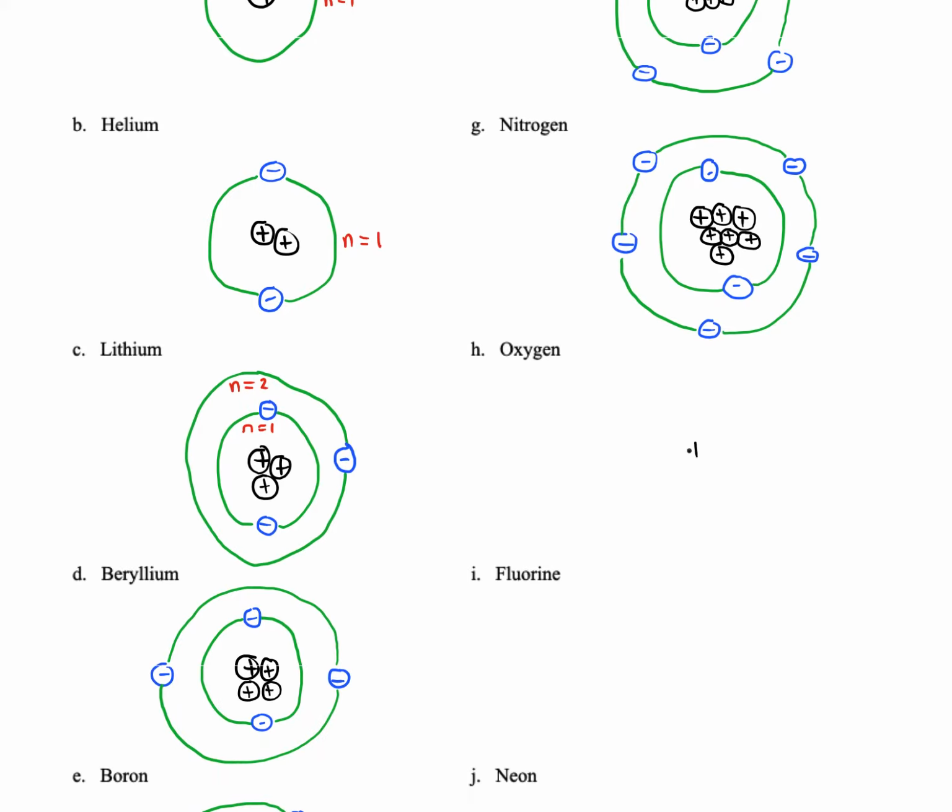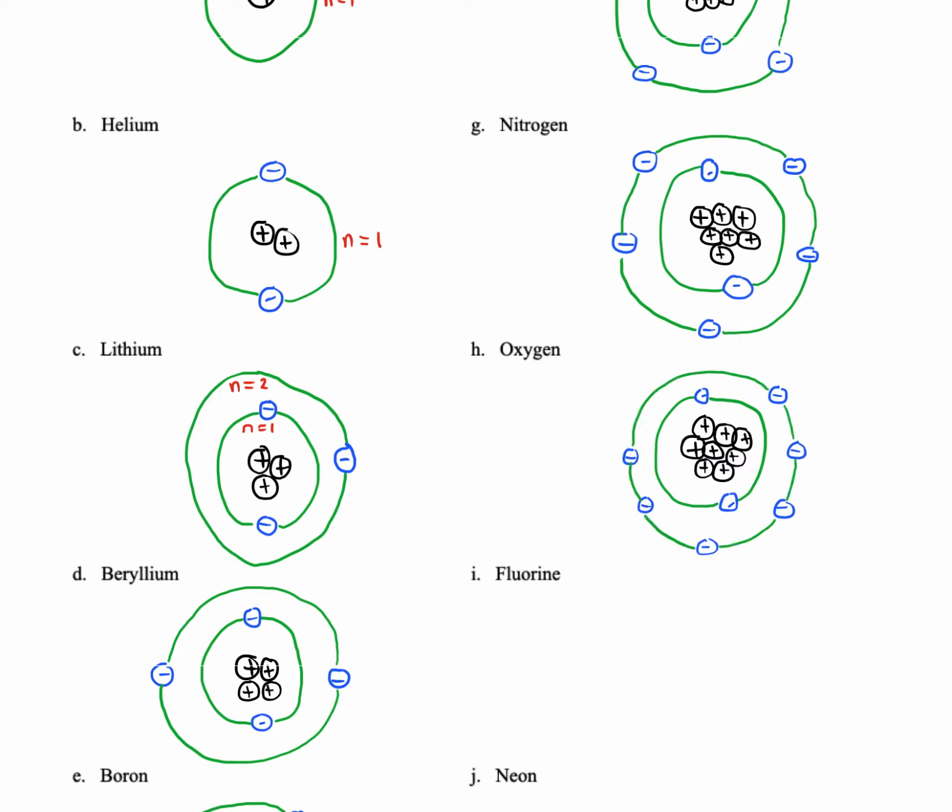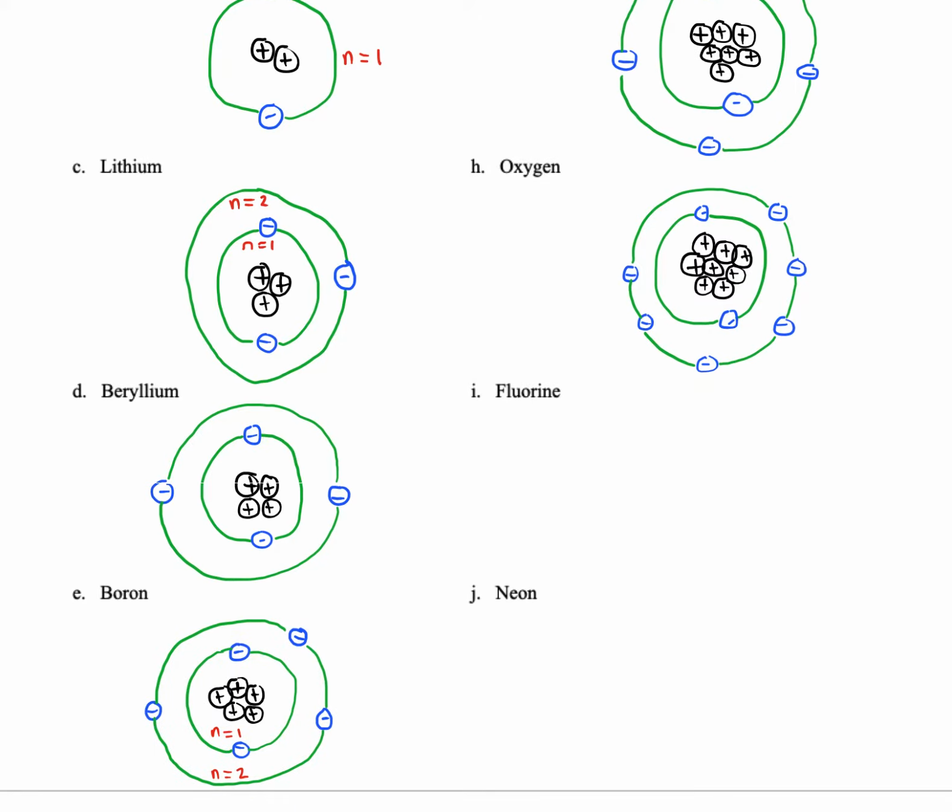All right, oxygen has 8 protons. So we'll have this. Let's put 6 electrons in the outer shell. All right. Now fluorine.